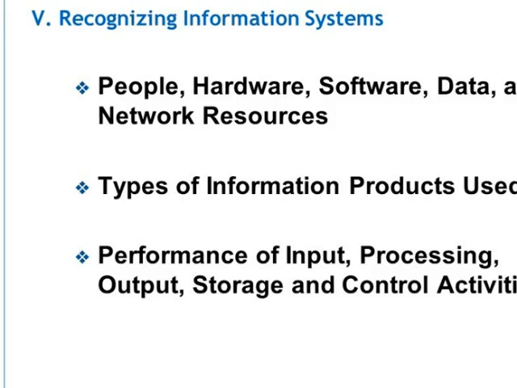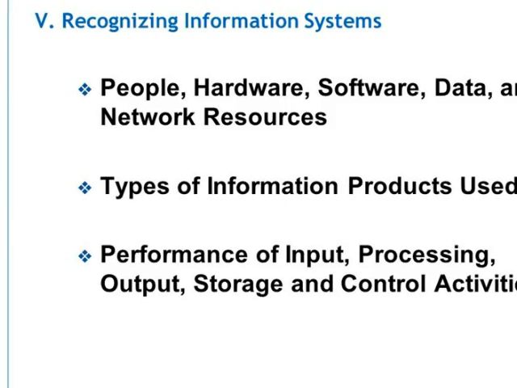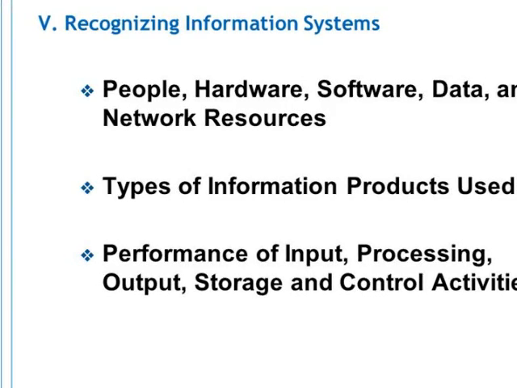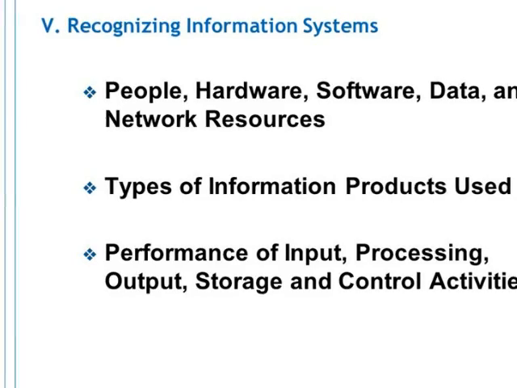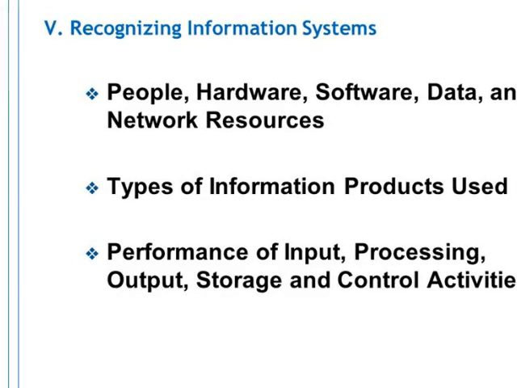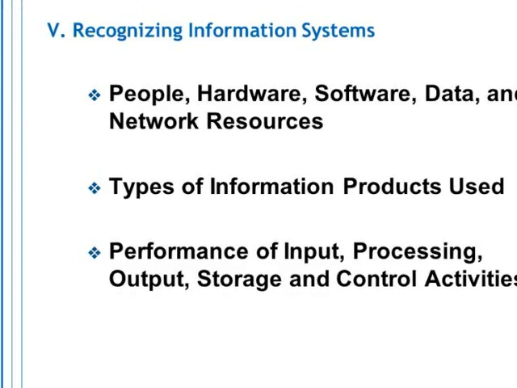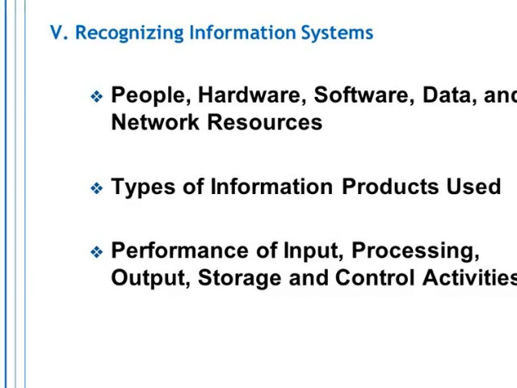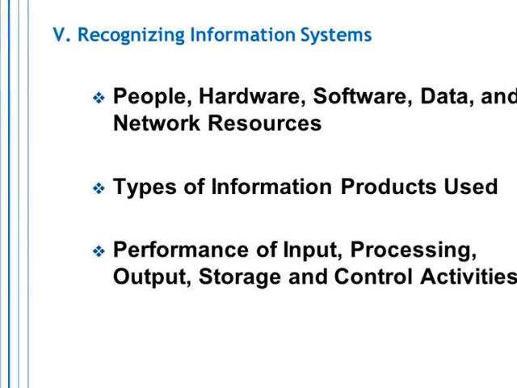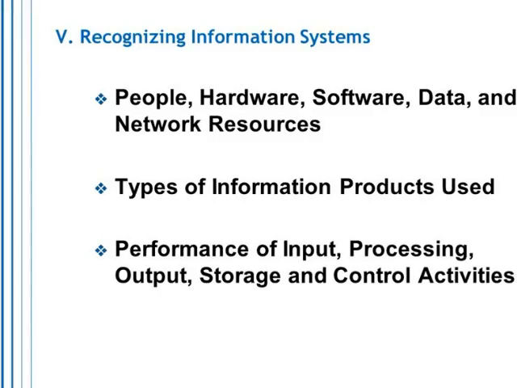It also involves the type of information products used or produced. Those information products are coming from data. And of course, the performance of input, processing, output, storage, and control activities identifies the effectiveness of the information system.